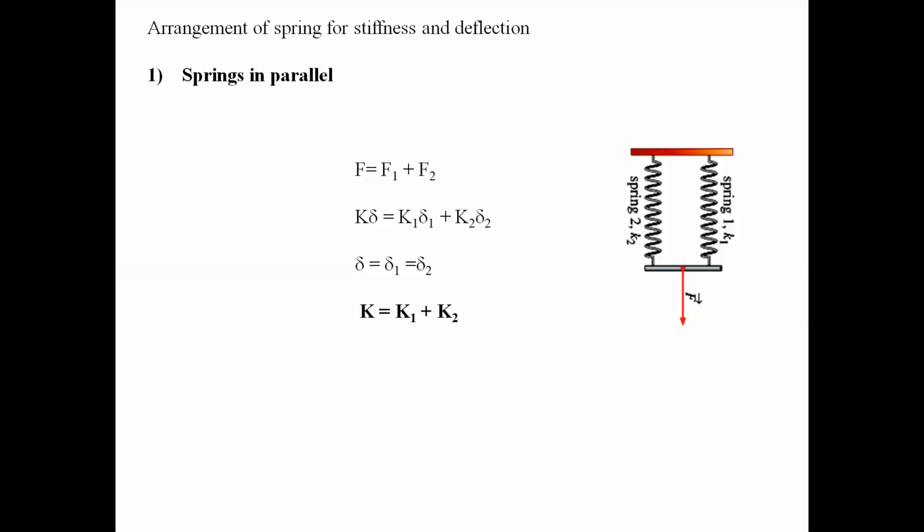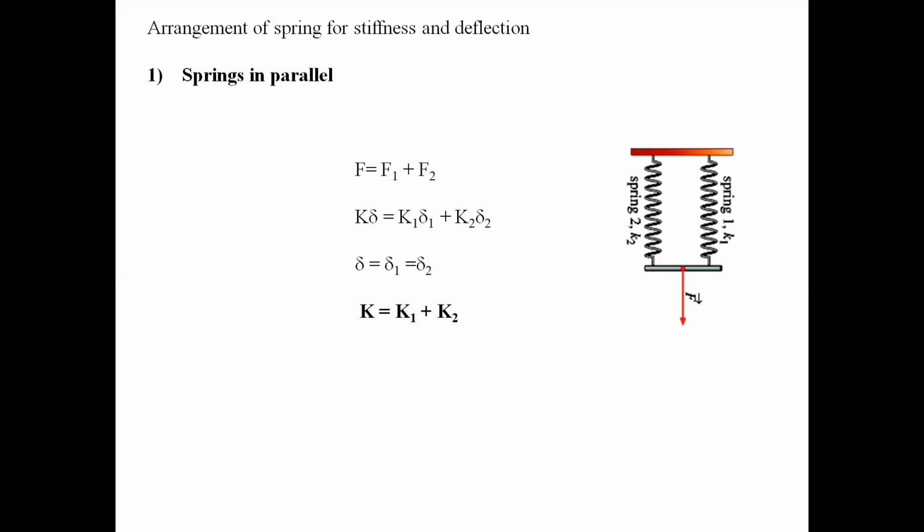And we know the relationship between stiffness, force and deflection: stiffness is equal to force divided by deflection. So force is equal to stiffness multiplied by deflection. If we put that here instead of F, we can say K delta is equal to K1 delta 1 plus K2 delta 2.